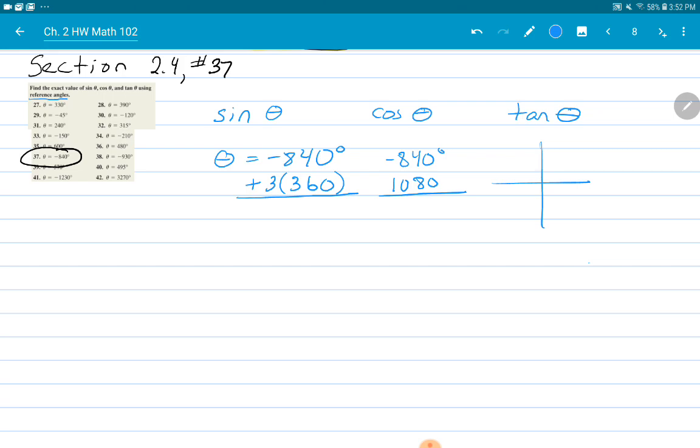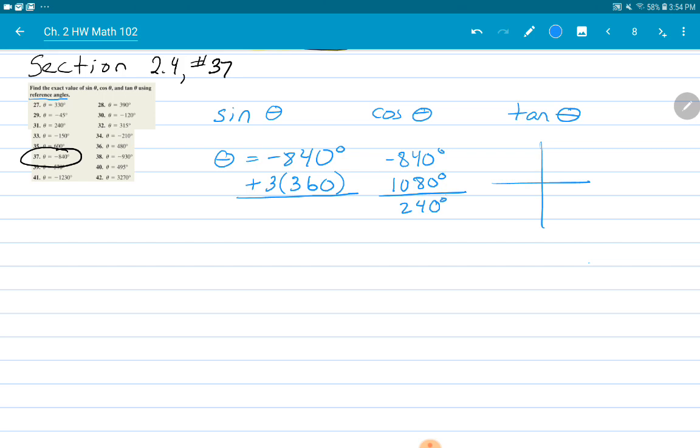And that gives me 240. It'll be positive. Just double checking my work. If I add 240 and 840, I get 1080. Yes. So I get 240 degrees.